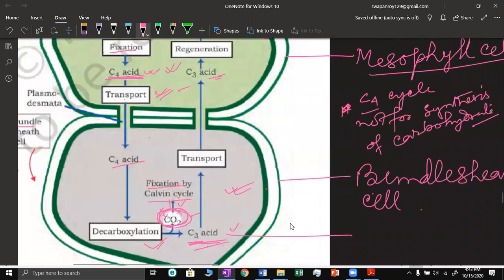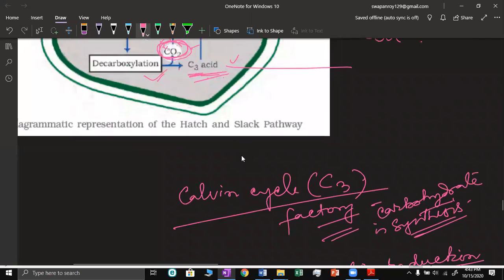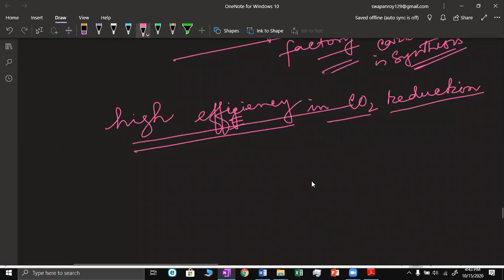So these two things operate in two different types of cells. Actually, what is being done here is that the Calvin cycle, C3 cycle, is affected by oxygen concentration.